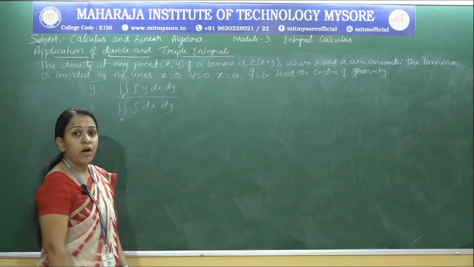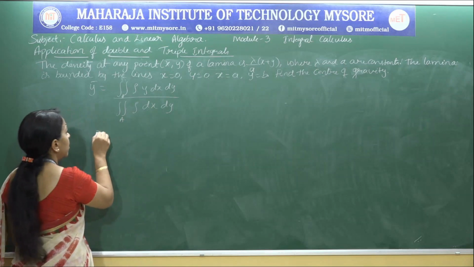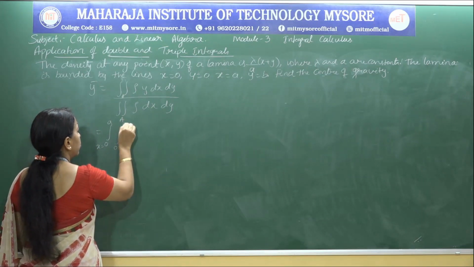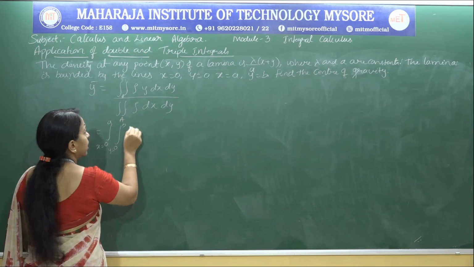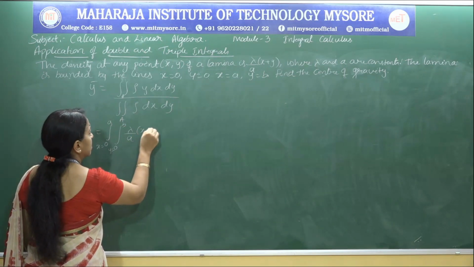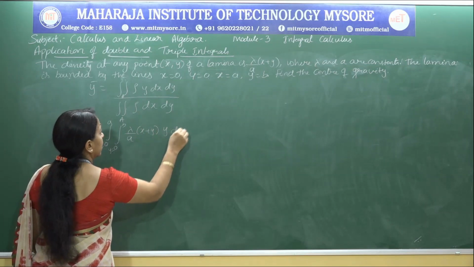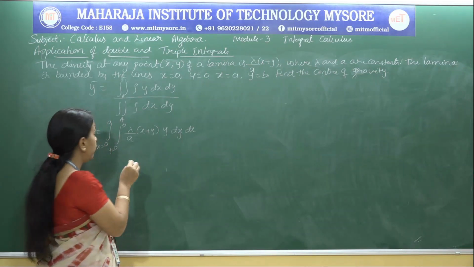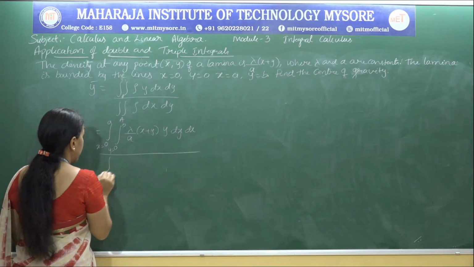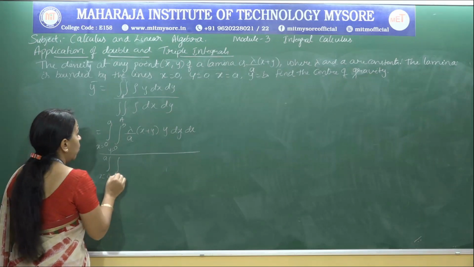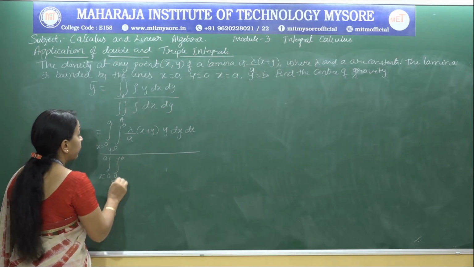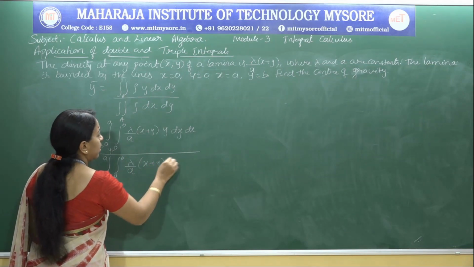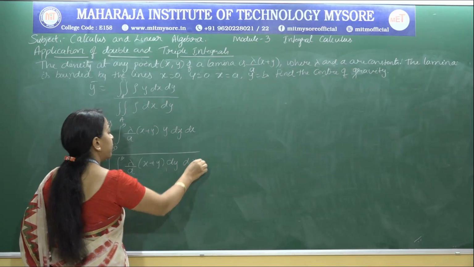Now, replace your rho and also consider the limits of x and y, that is integral 0 to a x limit and integral 0 to b y limit, and rho is lambda by a into (x plus y), into y dx dy, or I have to write dy first and then dx, right, we know that, whole divided by integral x varies from 0 to a, y varies from 0 to b, and rho is lambda by a into (x plus y) dy and then dx.